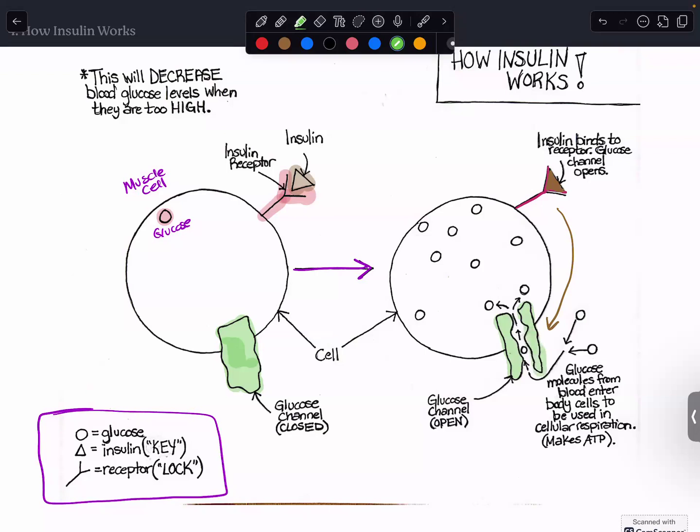And once it opens up, glucose from the blood, right, they're going to enter the muscle cell. And the mitochondria inside of the muscle cell is going to use up all of that glucose to make energy in the form of ATP. That's it. That is it, guys. That's how insulin works.